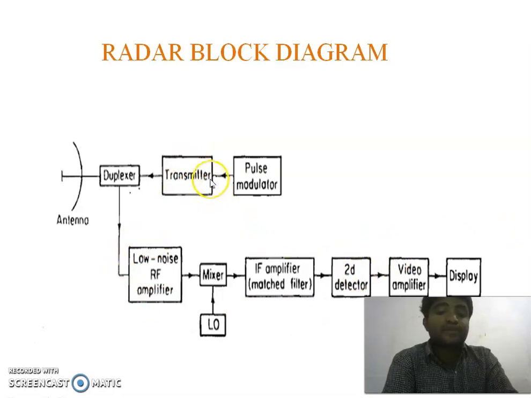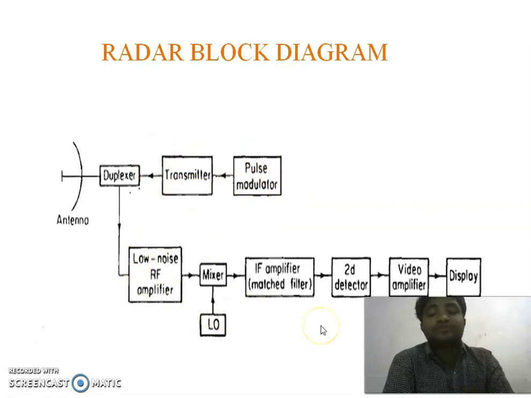The transmitter consists of a magnetron oscillator, which generates high power signals, and it is turned on and off using a pulse modulator. This is about the transmitter section, and next we will go to the receiver section.